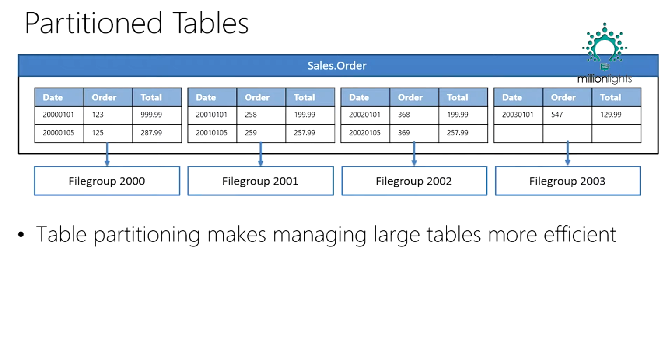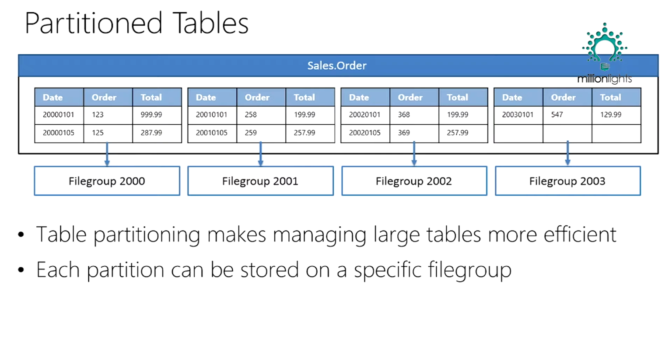To be clear, previously we talked about creating a table and allocating it to a file group. Here we're talking about creating a table and allocating different partitions within that table to different file groups. We're effectively splitting a table across multiple file groups and probably multiple files as well to use it most effectively.